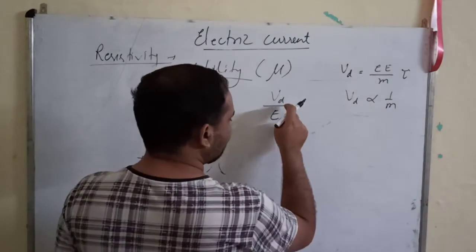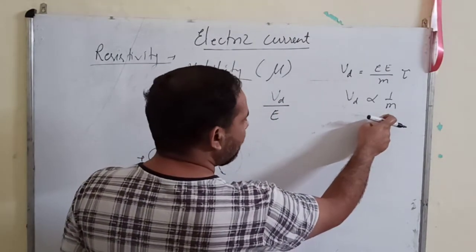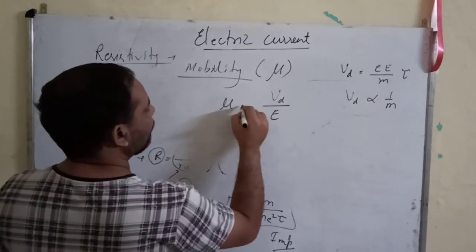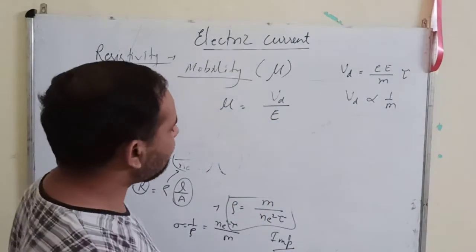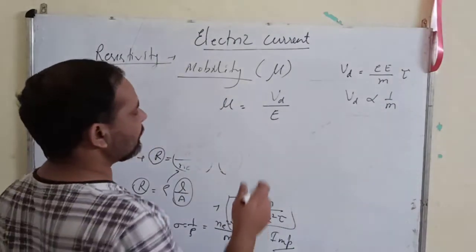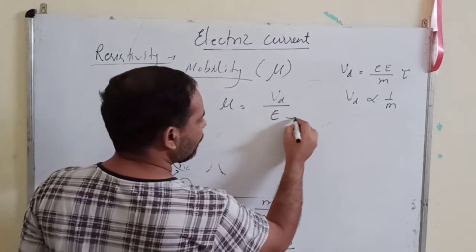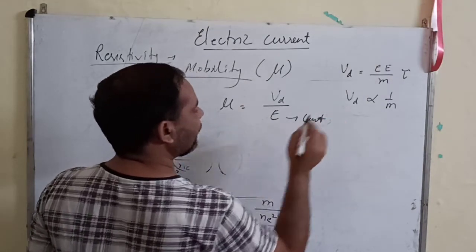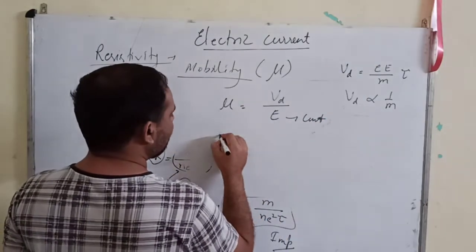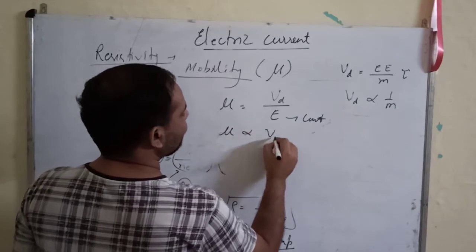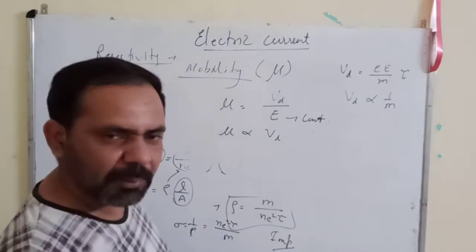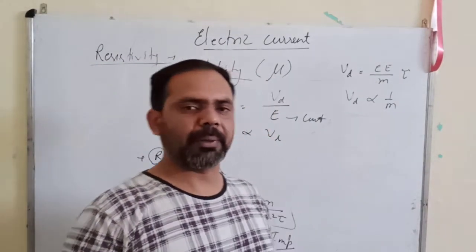Suppose I keep the electric field fixed, a constant electric field, then mu will be proportional to Vd. Mobility will be proportional to the value of Vd.